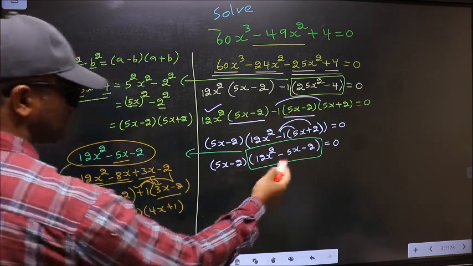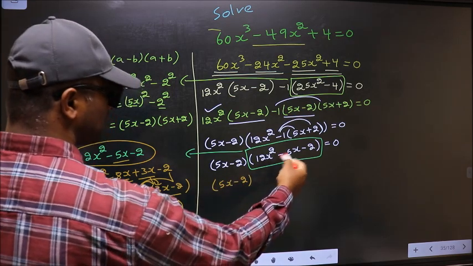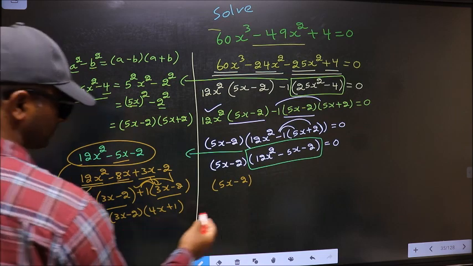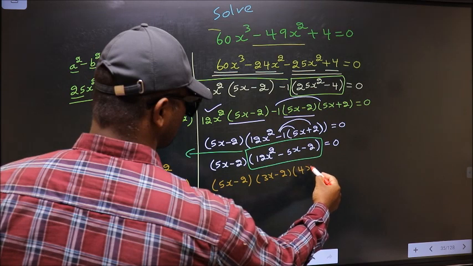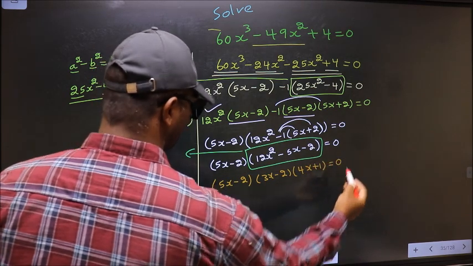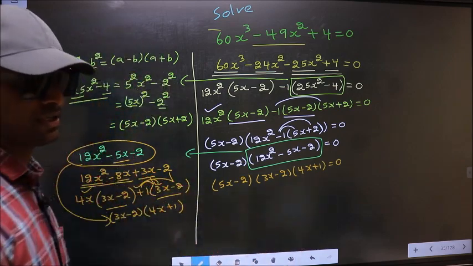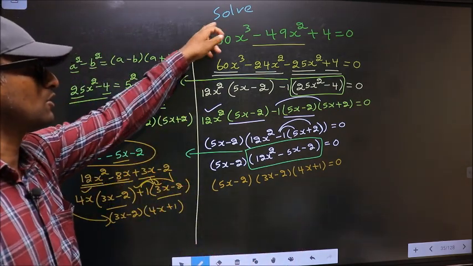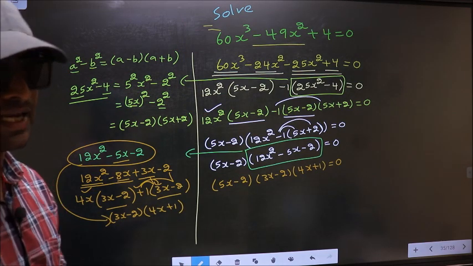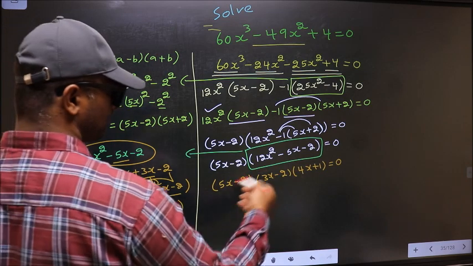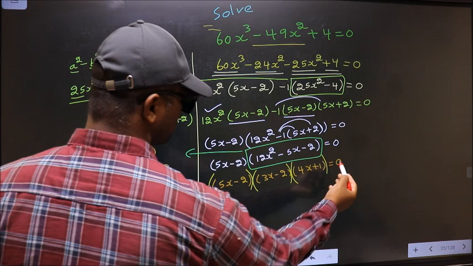So this equation becomes 5x minus 2, in place of this one, 3x minus 2, 4x plus 1 equal to 0. Here they told us to solve, which means we should get the values of x, and over here we got product of brackets equal to 0.